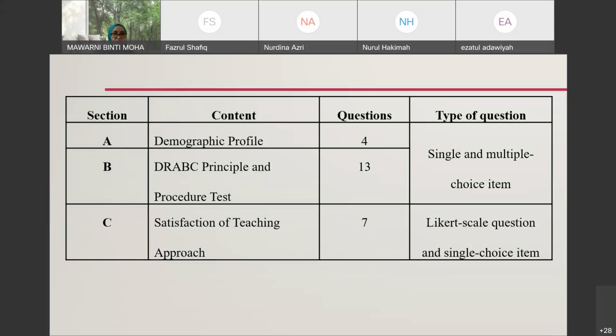And section C is about satisfaction with the teaching approach, consisting of 7 items. And this is a Likert scale question. 1 is what until 5 is what. Explain in detail, don't be lazy. Alright. Okay, next one.